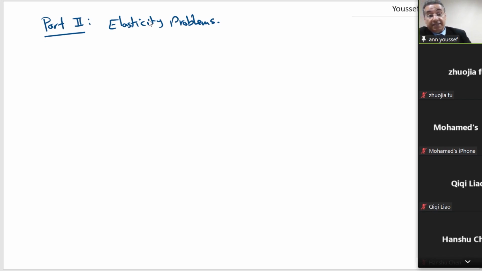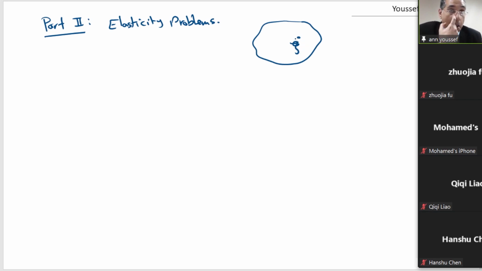This is mainly because in a potential problem, when we have our domain like that, we can choose any point xi, and inside this xi we can have a single source, like a unit temperature.